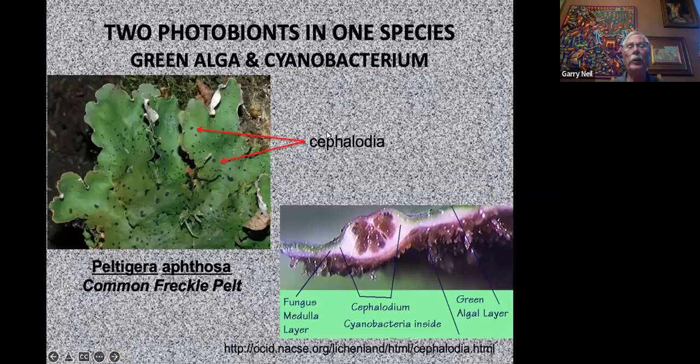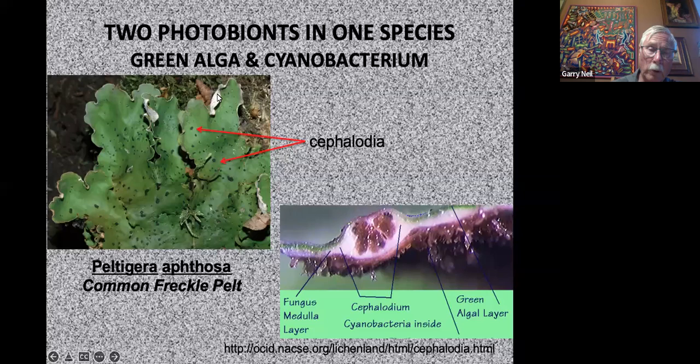Okay, so I mentioned that green algae and cyanobacterium could be on one lichen, in other words, both. In this case, there is a lichen that grows in our area. It's called Peltigera aphthosa, the freckled pelt lichen. And you see this green here. This is the algae showing through the upper cortex of the fungus.